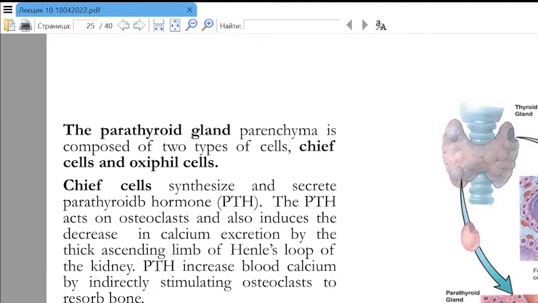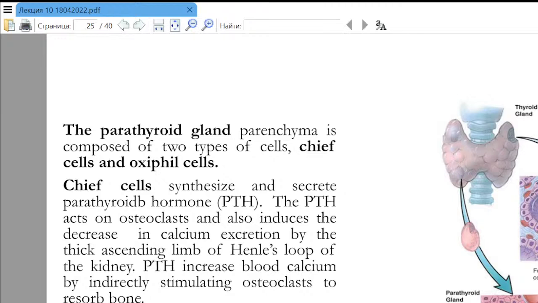The parathyroid gland parenchyma is composed of two types of cells, chief cells and oxyphil cells. Oxyphil cells and chief cells. You see the artery and vein. Chief cells synthesize and secrete parathyroid hormone.